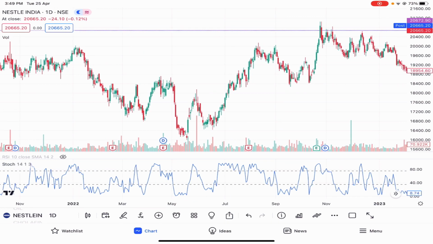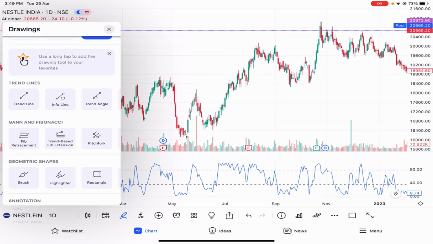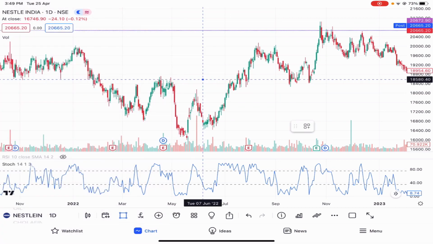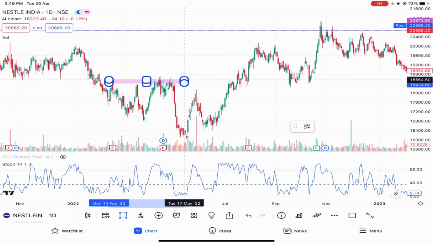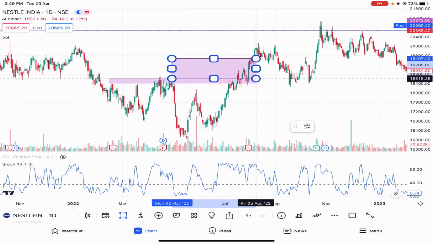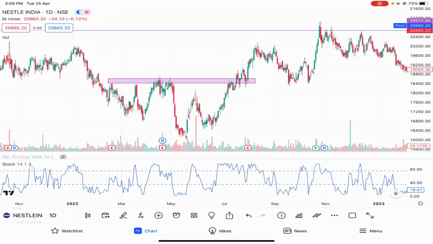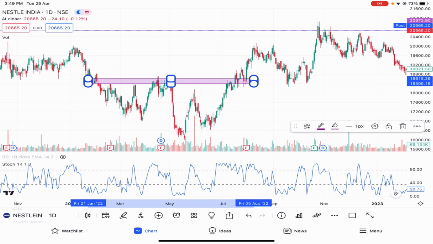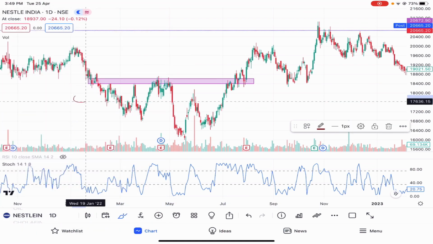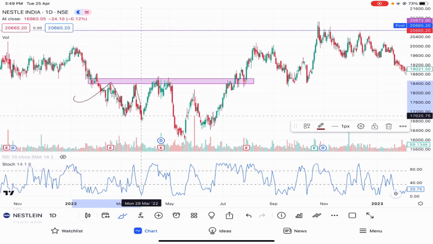Again, look at this. So my price is reversing from here and here. Yeah. So if I look at this, my price went up, came down, went up, came down.